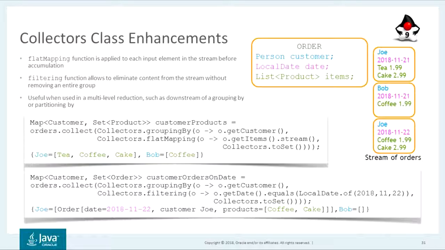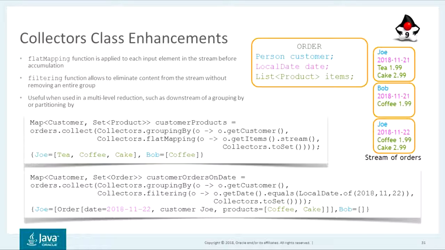But if I use a filter method to do it, then I wouldn't know that there was a case for, sorry, did I say I'm not interested in the 22nd? I'm interested in those orders. Say it again. I'm interested in those orders that were made on the 22nd. I'm not interested in those orders that were made on the 21st. Yeah, that's right. Just reading the clause: equals the 22nd.